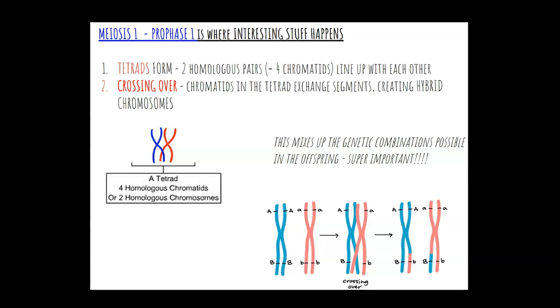Those long pieces of DNA can lay over each other to form a crossing where they actually exchange segments of DNA with each other. And what this does is it creates hybrid chromosomes. It creates a chromosome where you have some genes that came from the mom mixed up with some genes that came from the dad. So the offspring is not going to have just a pure maternal chromosome number 1 or a pure paternal chromosome number 1, but it could have a combination of both of those.